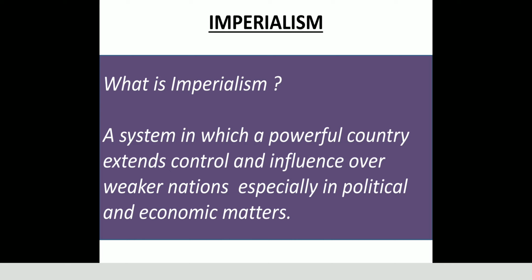So that is how they came here, extended their control, started interfering in the political matters, and economically exploited our nation, the colony, to lead to the prosperity of their own nation. So we see that imperialism is a system wherein a powerful country will control the weaker nation for its own vested interests.